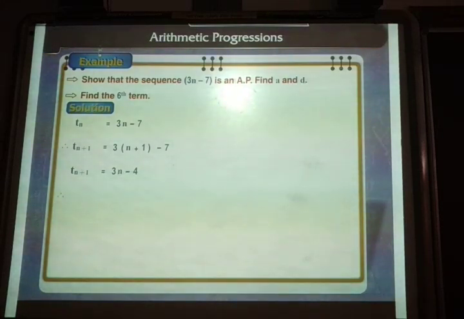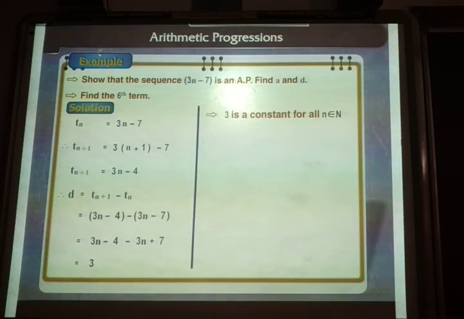Therefore, common difference D is equal to Tn plus 1 minus Tn is equal to 3n minus 4 minus 3n minus 7. On simplifying, we get 3. 3 is a constant for all natural numbers n. Therefore, the sequence 3n minus 7 is an AP.